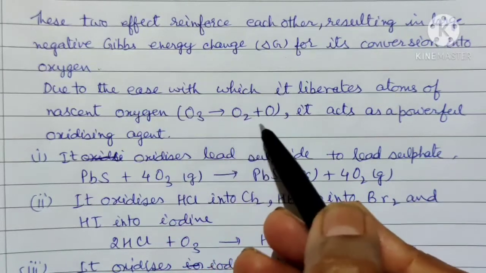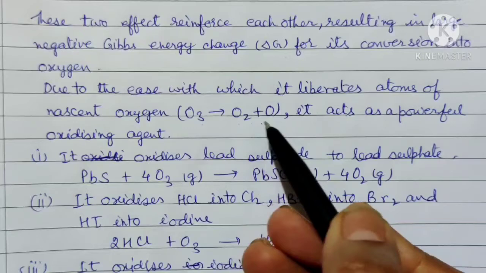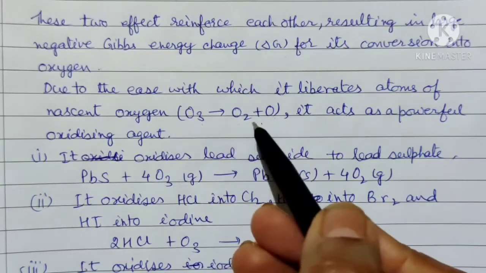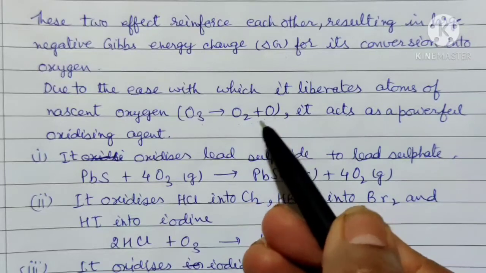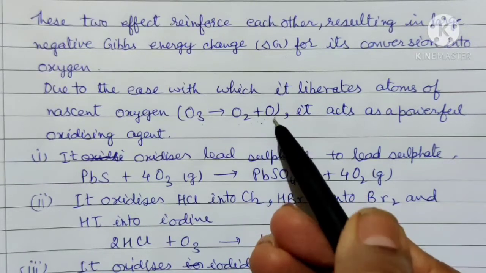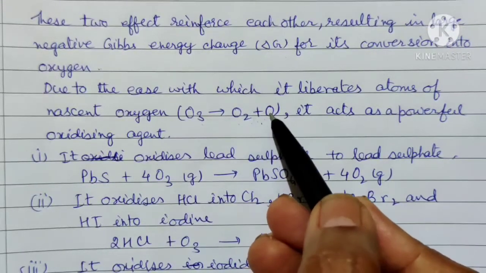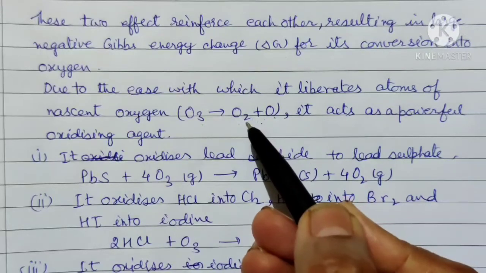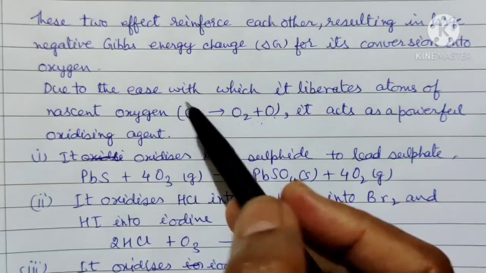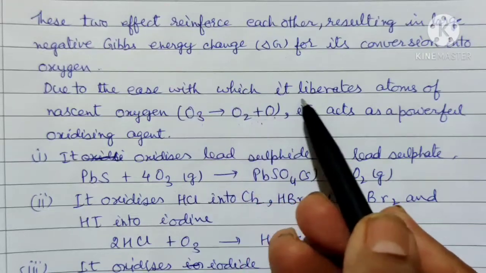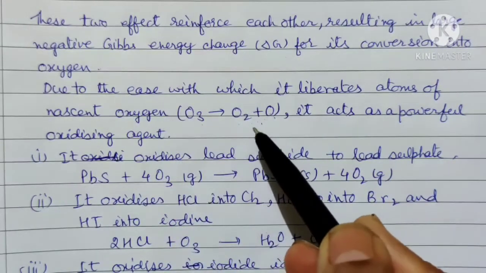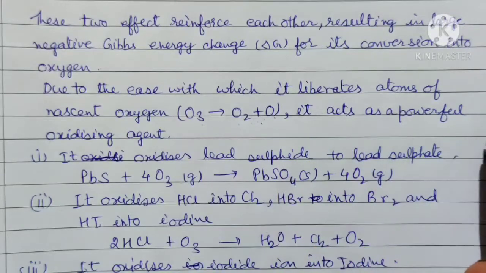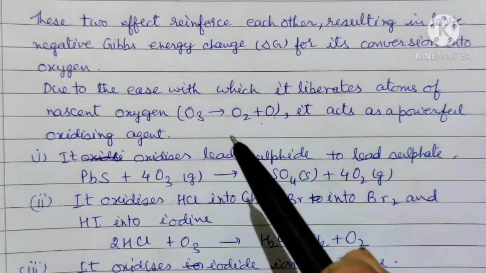And this is the decomposition: O3 breaks down into O2 plus O. For this process there is an increase in entropy, since you can see two species are formed here, so it will favor the decomposition of ozone. Due to the ease with which it liberates atoms of nascent oxygen, O3 to O2 plus O, it acts as a powerful oxidizing agent.